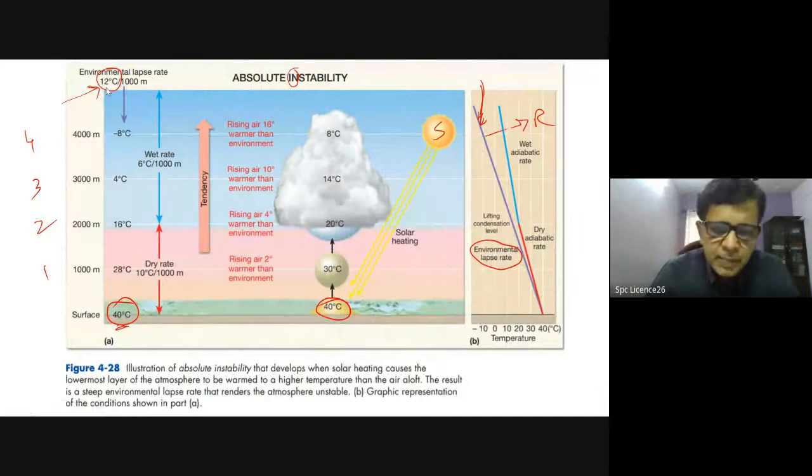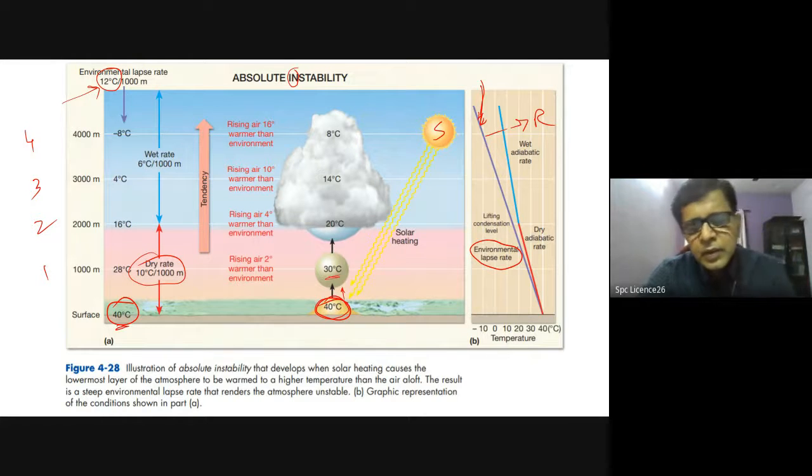Now what starts happening? Let us say an air mass gets heated and then it is made to rise. Because it rises adiabatically, the temperature falls at the dry adiabatic lapse rate, that is 10 degrees, and it falls down to 30. The rising air is now 2 degrees warmer.